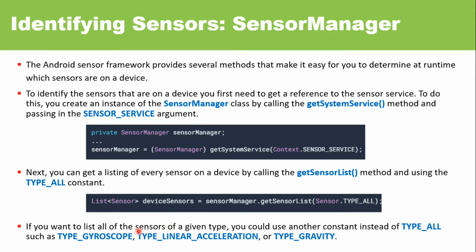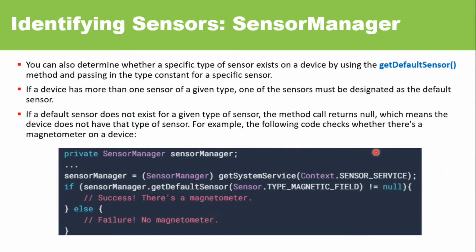Now, if you want to list all the sensors of a given type, we can use another constant instead of TYPE_ALL, such as TYPE_GYROSCOPE, TYPE_LINEAR_ACCELERATION, or TYPE_GRAVITY. You can also determine whether a specific type of sensor exists on a device using the getDefaultSensor method and passing in the type constant for a specific sensor.